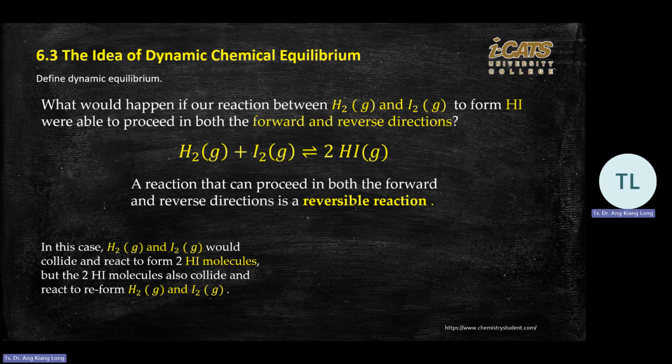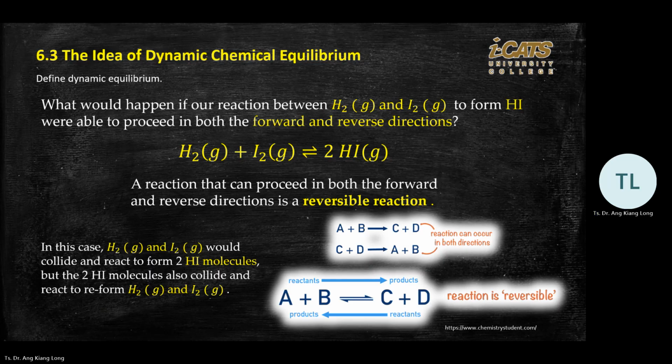Okay, so this is the application of the collision theory. It means that H2 plus I2 form the product HI. H2 and I2 need to collide in the correct orientation and with high energy.